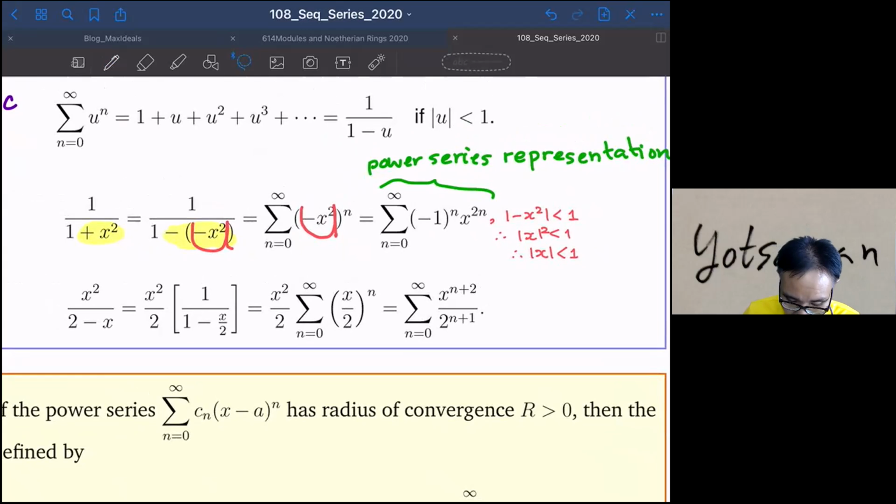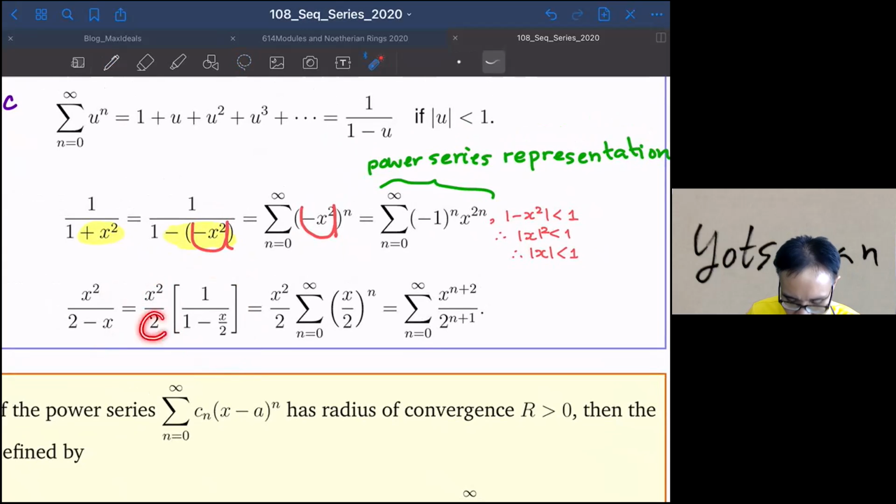For the next one, you have x squared over 2 minus x. So you'll be able to write this one by pulling out x squared on top and pulling out 2 from the bottom. So this thing will be x squared over 2 times 1 over 1 minus x over 2.